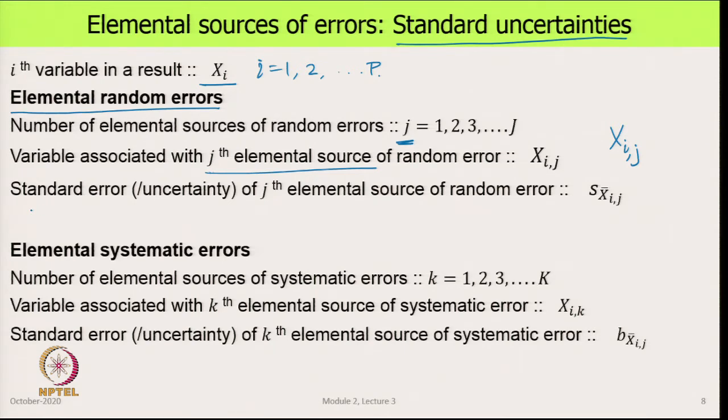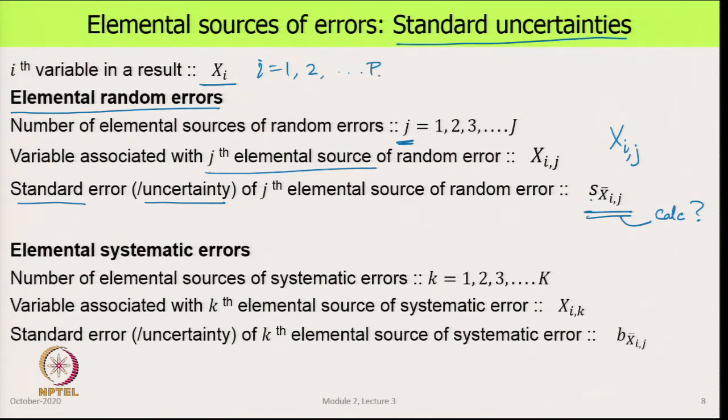And then we will denote the standard error, or the standard uncertainty, of the jth elemental source of random error as S of x bar i comma j. This is the number we will want to calculate and ask how do I get a value for this? But the symbol is this.